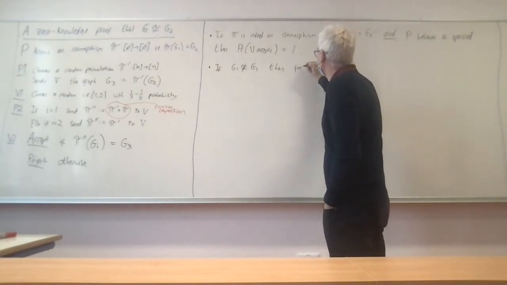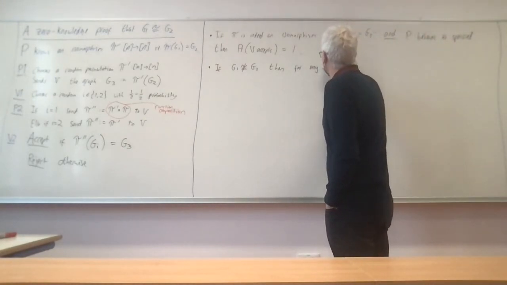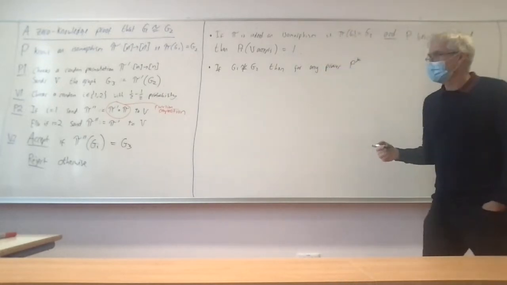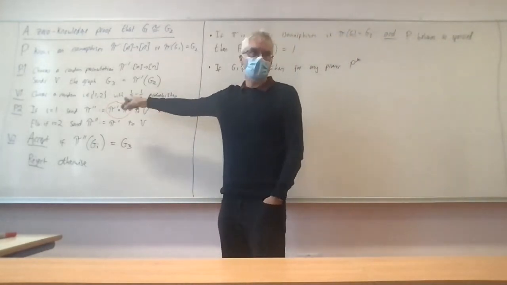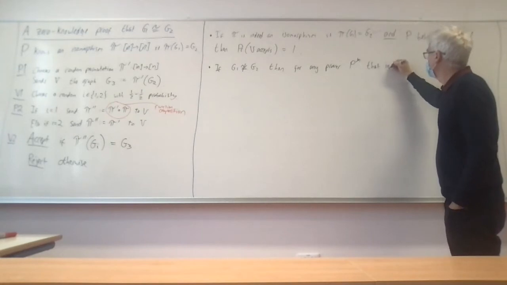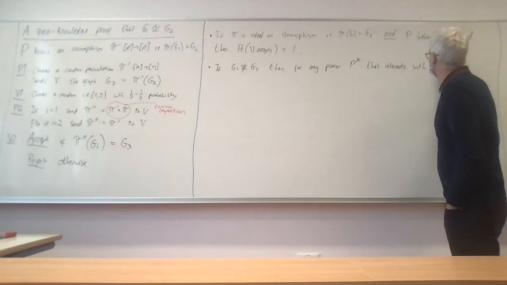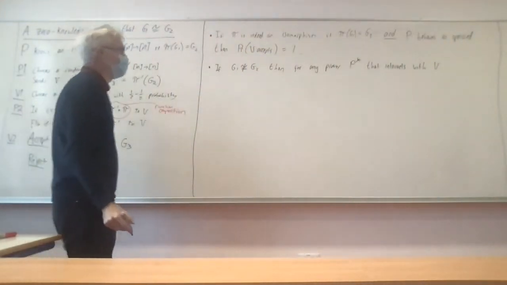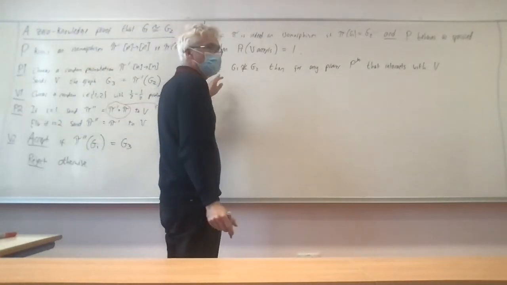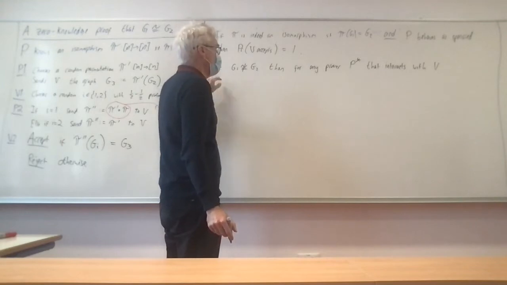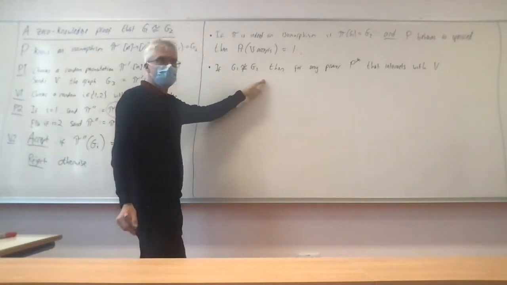then for any prover P star that interacts correctly with V in the protocol, so that interacts with V, as defined last week, so such that they're giving each other the right kind of values, then what I claim is that we want in this case V to reject, because the graphs are not isomorphic.